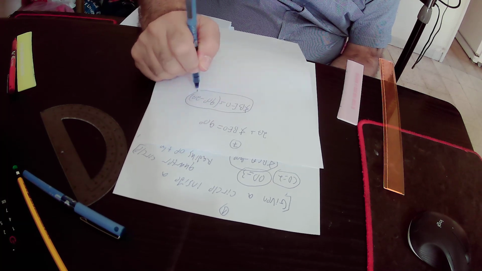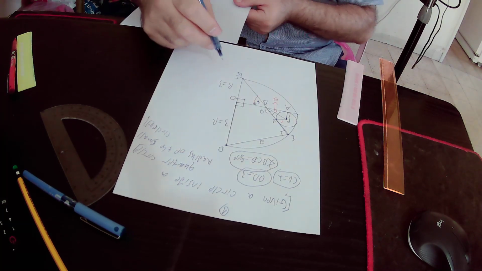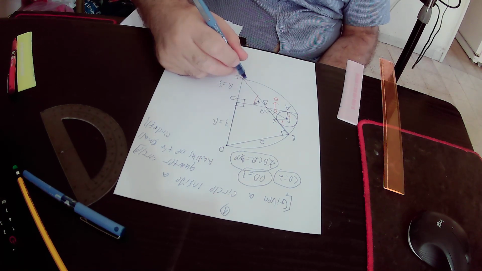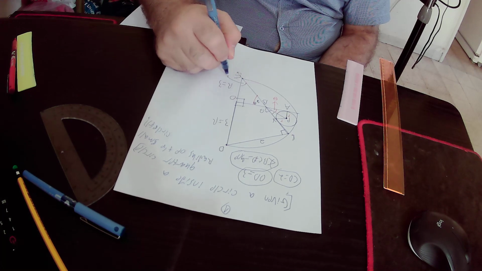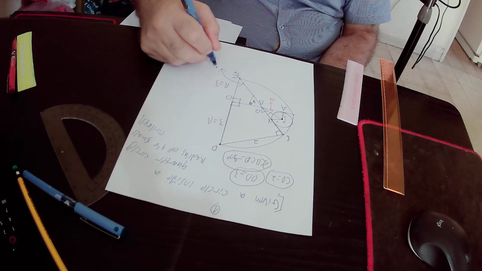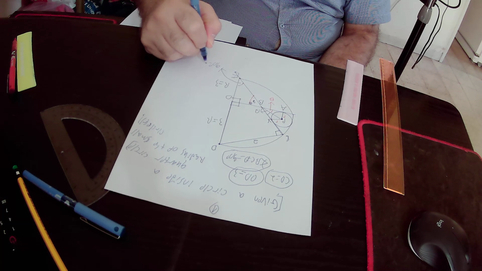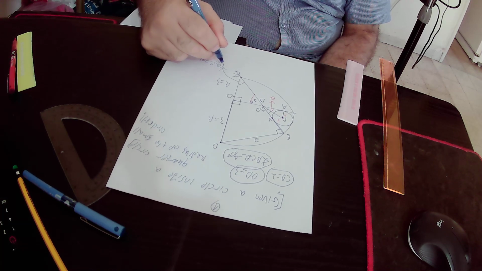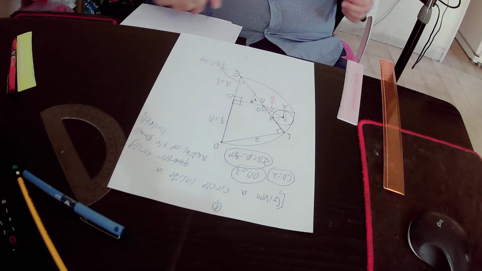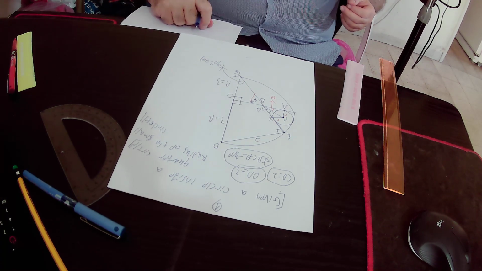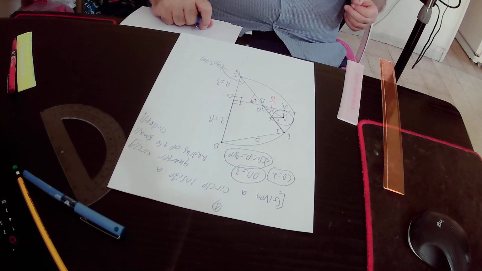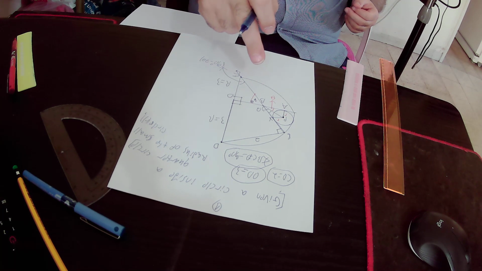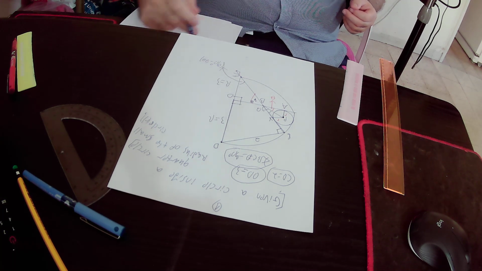Okay, so you can write here that this angle equals 90 degrees minus 2 theta. Okay, and in the next step we will focus on the right triangle DCE.